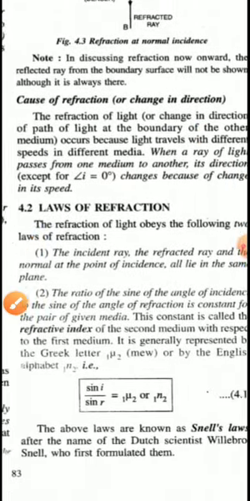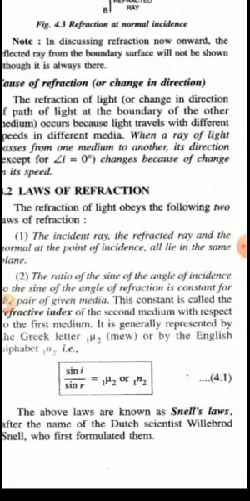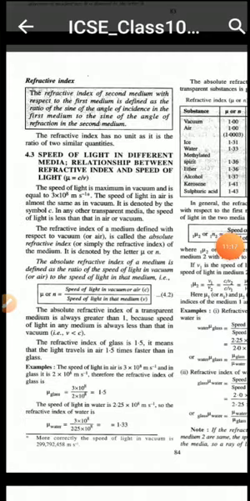This ratio is called your refractive index. We denote it using the symbol mu, and this law is called your Snell's law. So using Snell's law, we can find the refractive index for a given pair of media.